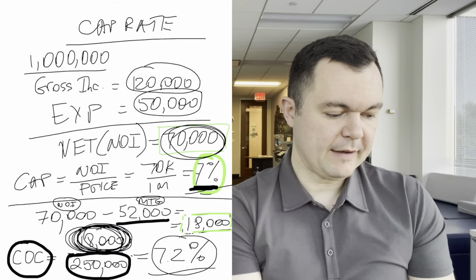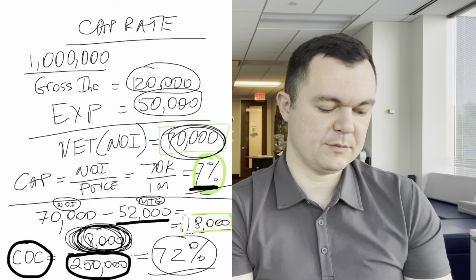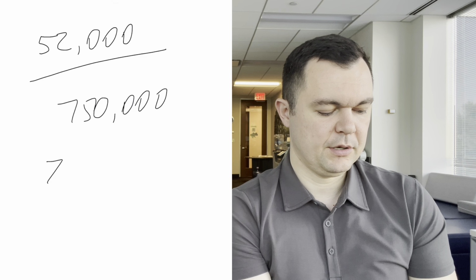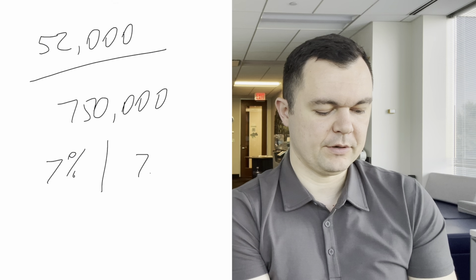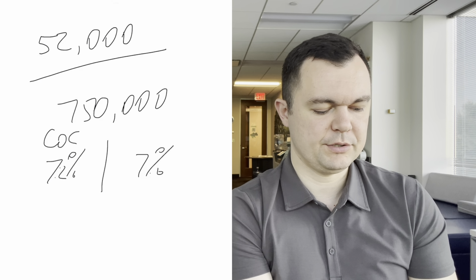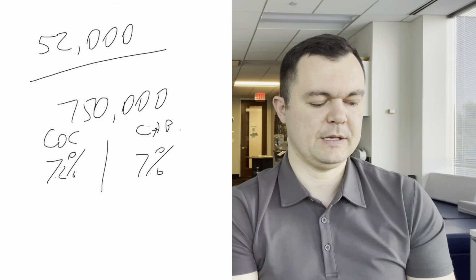Yes, but you have to put 750,000 bucks more to get 52,000. So this is 52,000 that you're giving up because you're not putting in 750,000 bucks. You're only putting in $250,000, and your cash on cash return is 7% and your cap rate is 7%. Roughly, this cash on cash was 7.2 and cap rate was 7%.